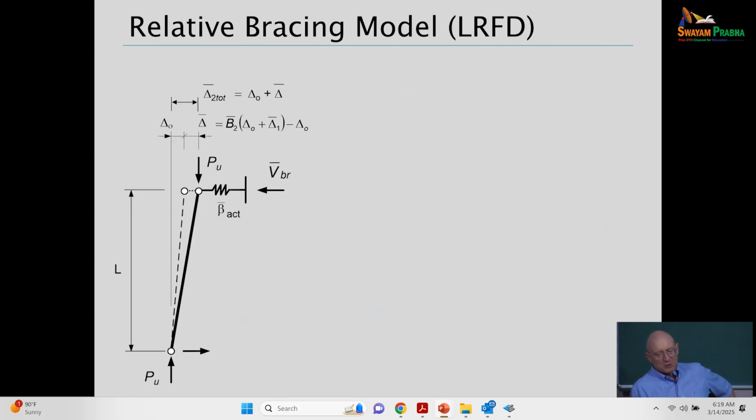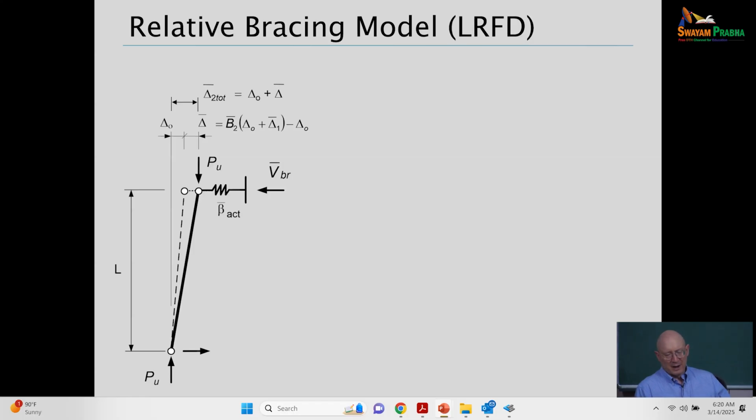So here's the most basic bracing case there is. We're saying it's a relative bracing model. We've basically got a pin-pin column, supported by a foundation at the bottom that is relatively stiff, rigid, but it's pin supported.